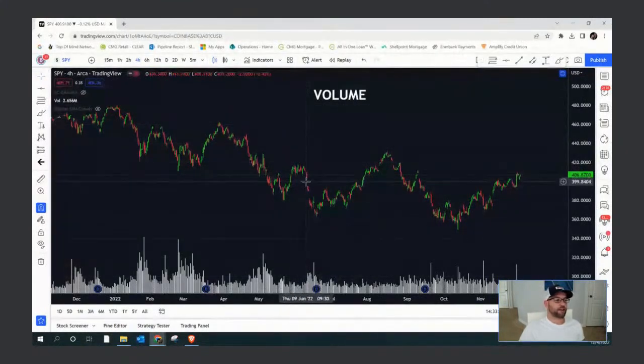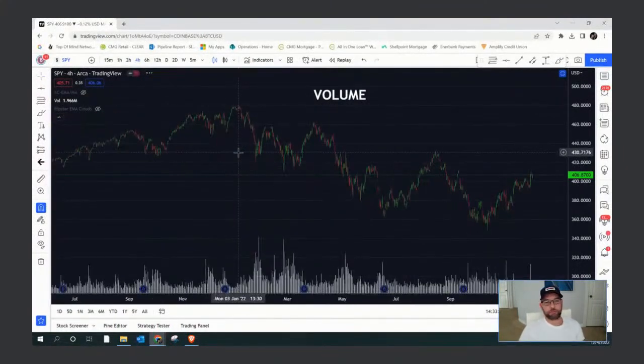So for anybody selling this asset, there's somebody buying it on the other end of that transaction. So volume to me should never really have a red or green candle. That's why I take the color off, because it helps change emotion. On my own charts, I personally change the color of these candles as well, because red and green can trigger certain emotions. And in trading, you want to be emotionless and you want to trade based on the data that's in front of you.